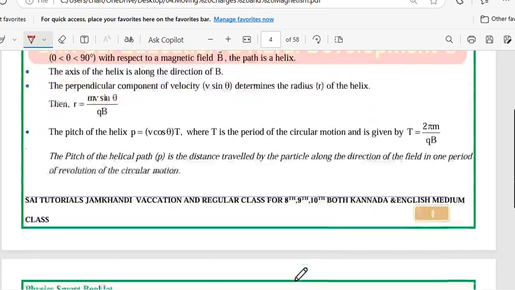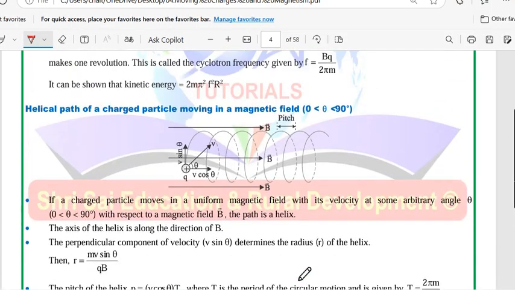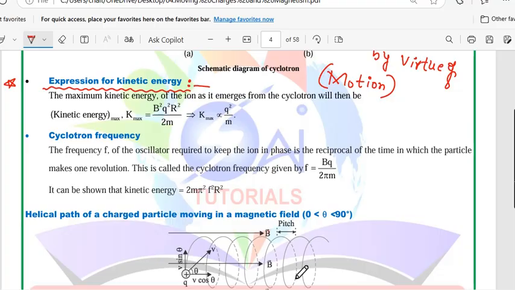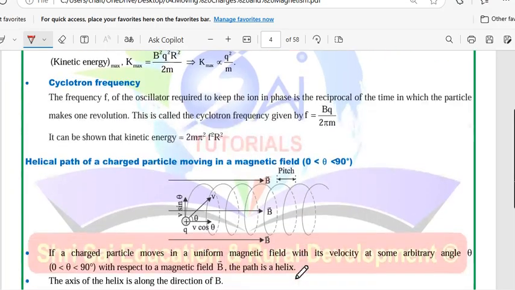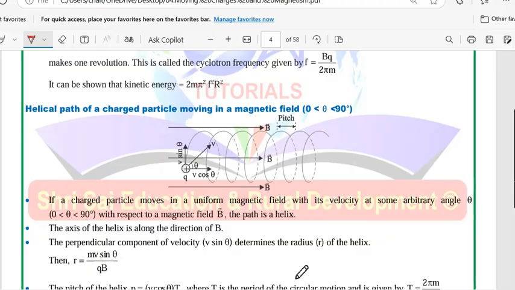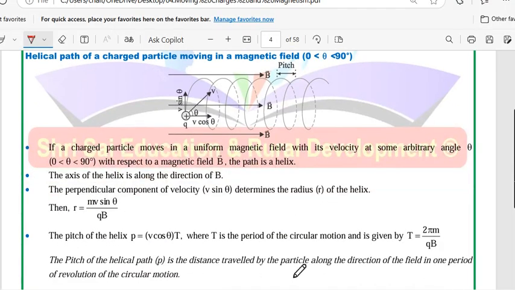Now the helical path. There are some application type questions here. See, a helical path of a charged particle moving in a magnetic field. Suppose here it is a helical path. Is it or not? It has some kind of magnetic field.